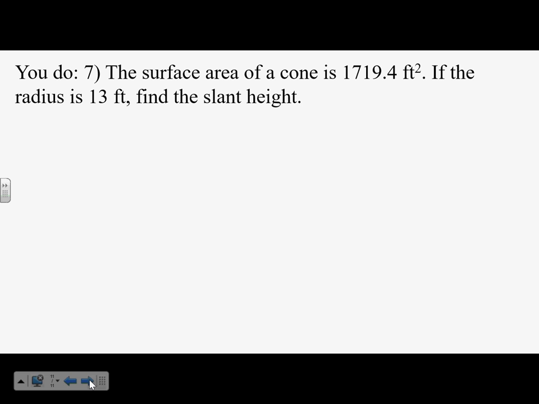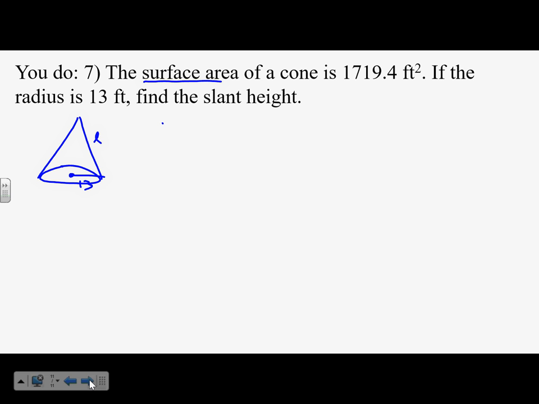But the surface area of a cone is 1,719.4. If the radius is 13, find the slant height. So the thing with this one is they give you the surface area. They're giving us the radius is 13, but they're not giving us the slant height.